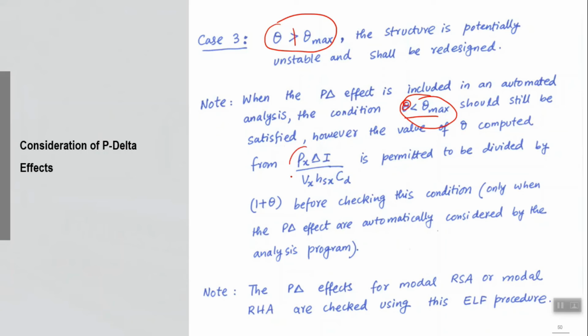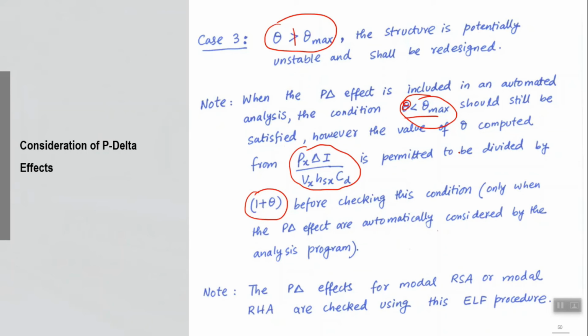So this expression is used when you don't include it, and it can be used to check whether to include it or not. But if you already include it, then you can calculate theta from this expression, but you divide your value by 1 plus theta, right?